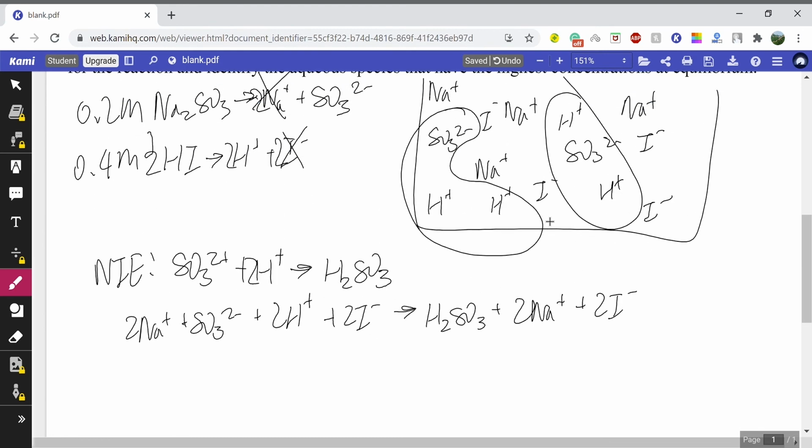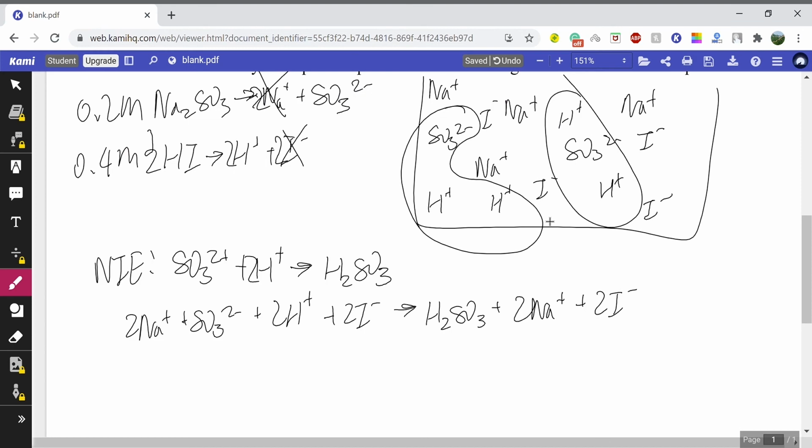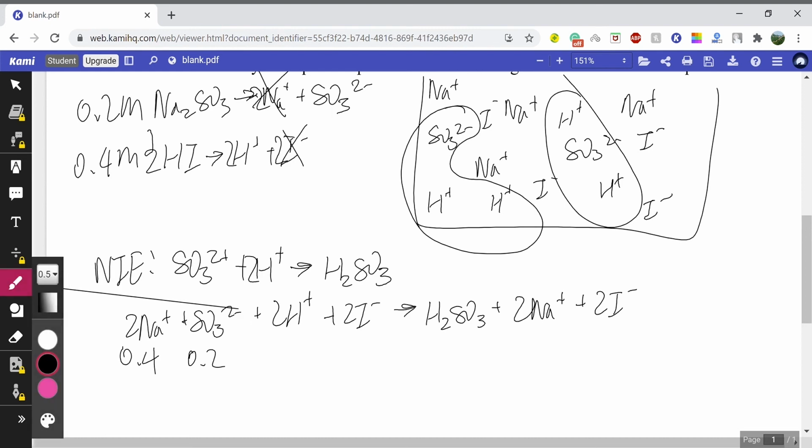To start off, we have Na, 0.2 molar times 2, which is 0.4 molar. SO3 2 minus, we only have one of them, so it's 0.2 molar. H plus is 0.4, and I minus is also 0.4 because everything is already doubled.